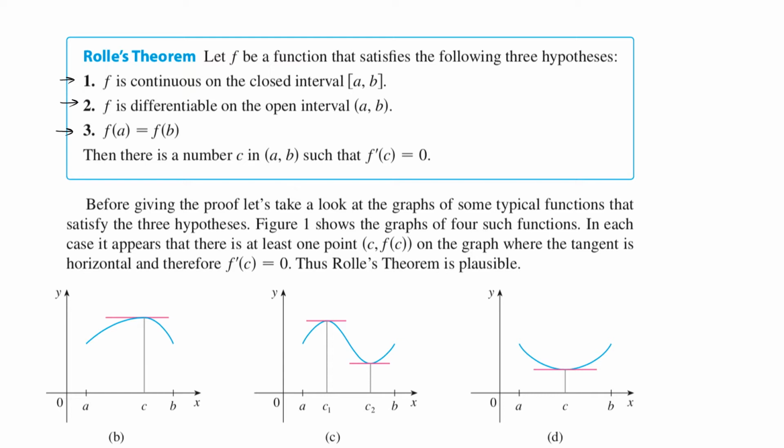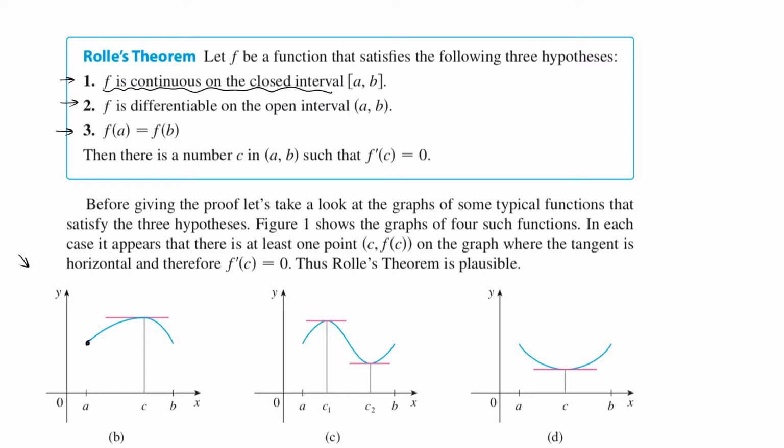So what are the conditions which are necessary to be checked before the application of Rolle's theorem? The function f is continuous on the closed interval. It means if we are studying any function in a closed interval, then it has to be continuous in that interval. For example, look at figure number 1.